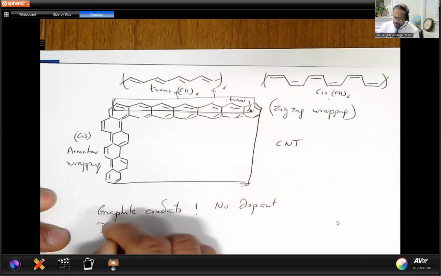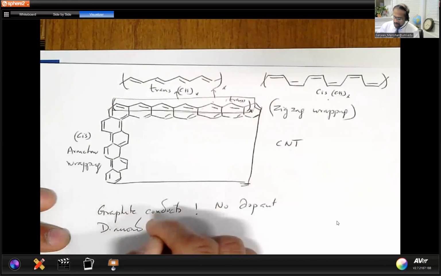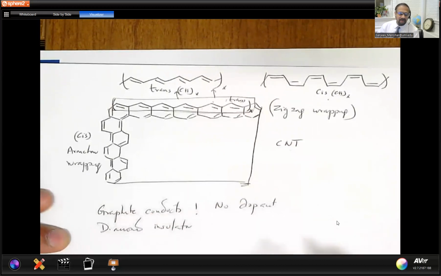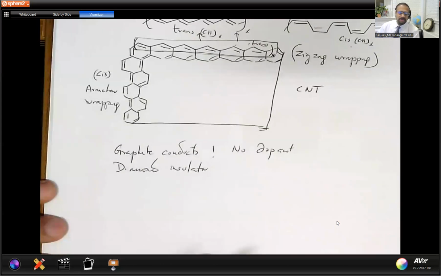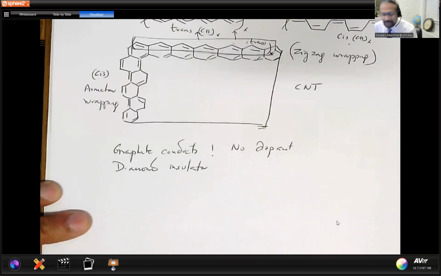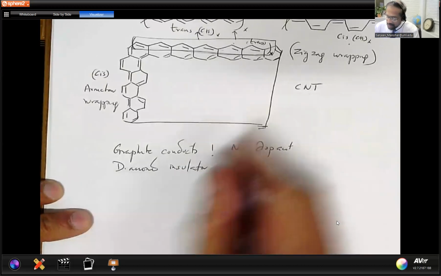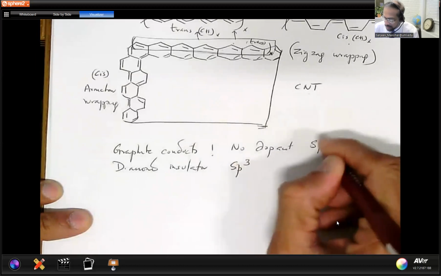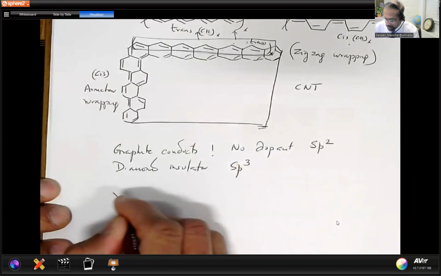Diamond, insulator, right? Why? What I wanted you to talk a little bit more about, because you're seniors and graduate students, is that diamond is sp3, graphite is sp2, right? What is sp3 and sp2?